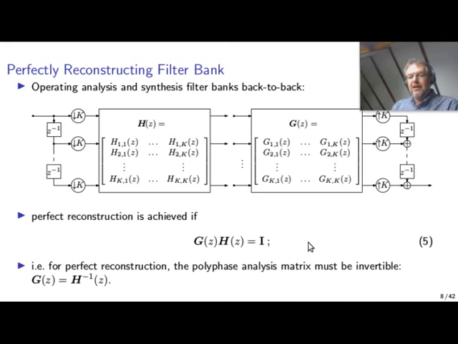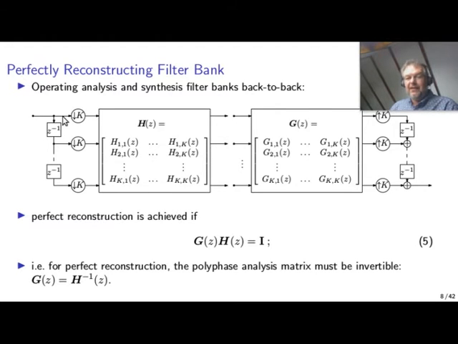So if you now think of this filter bank as something that's back to front, we first go through the analysis and then through the synthesis filter bank. So for the system to be perfectly reconstructing means that the operation in the middle here has to multiply out to an identity.